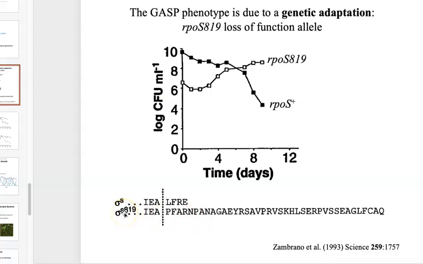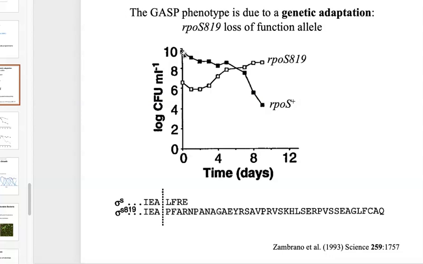And so what's interesting here, though, is that you're looking in this graph at log CFU per mL versus time. Here's our rpoS mutant, the open boxes, and then the normal rpoS plus strain. And these are growing together in a culture medium over time.